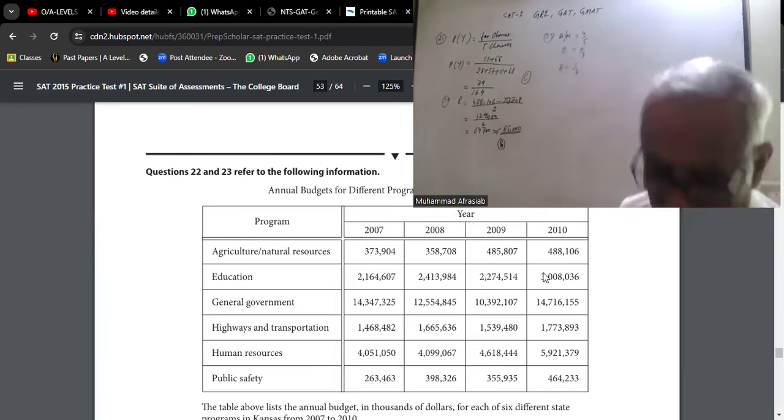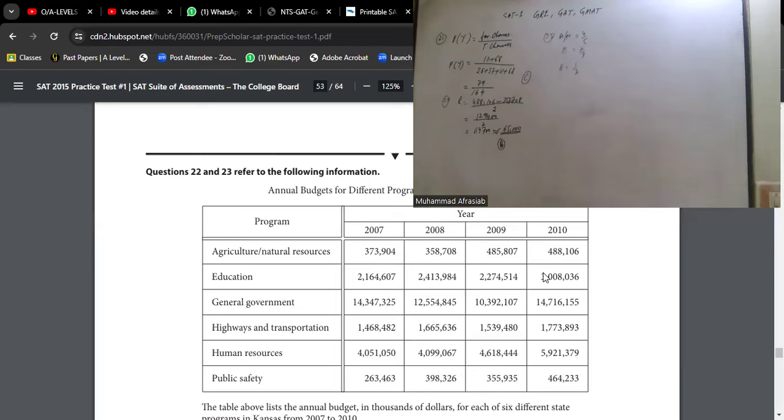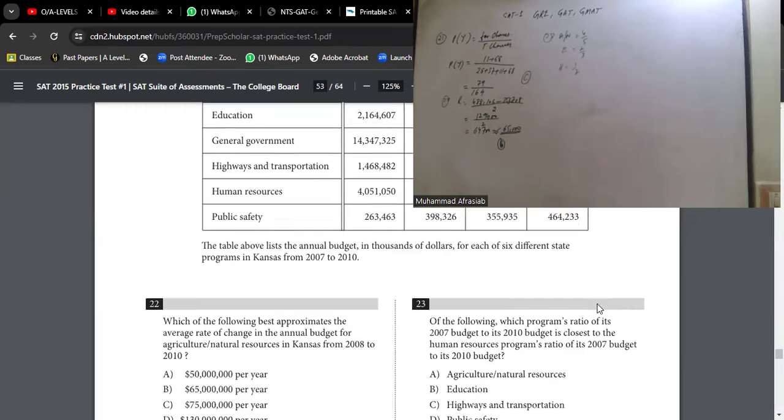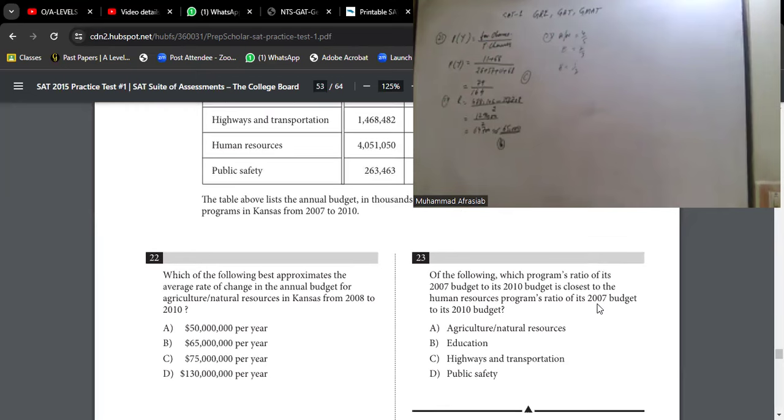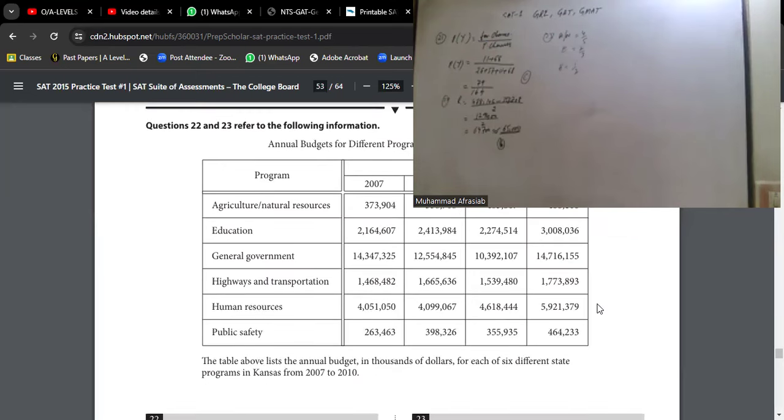If we convert it to the nearest thousands, then we find the ratios of this. And last is public safety. Public safety has the ratio 3 and this is 5. So this has the ratio 3:5.